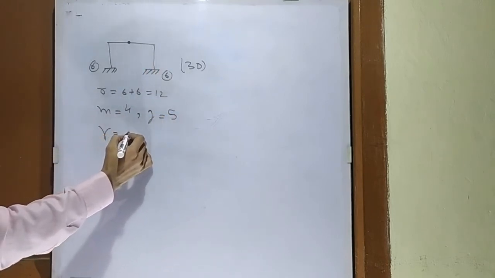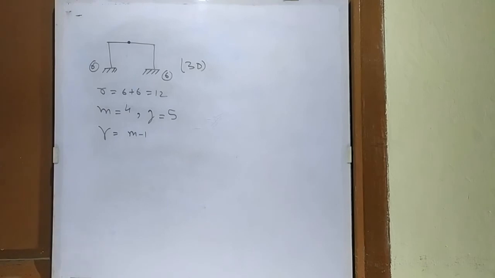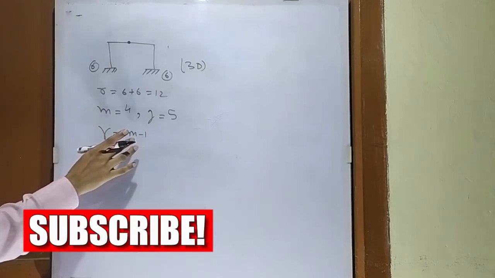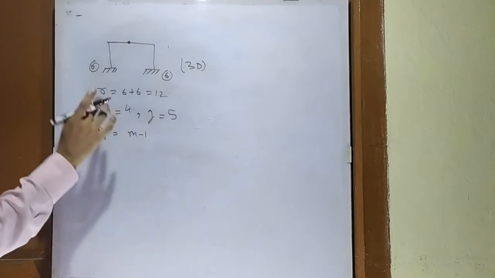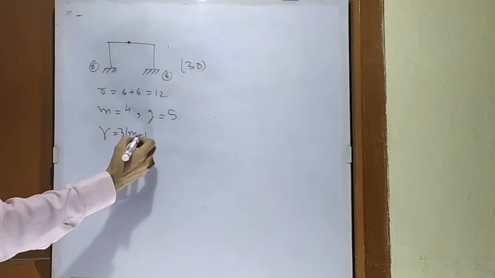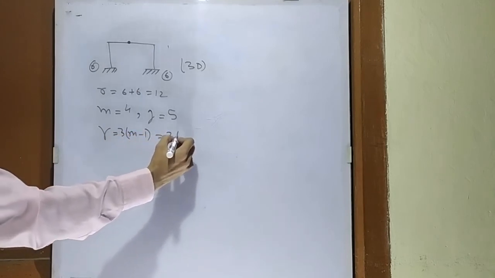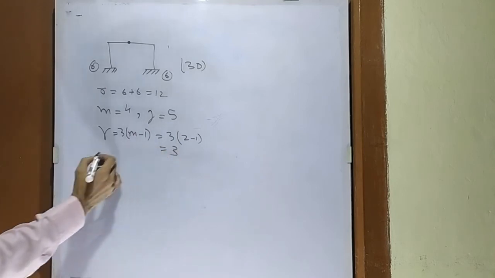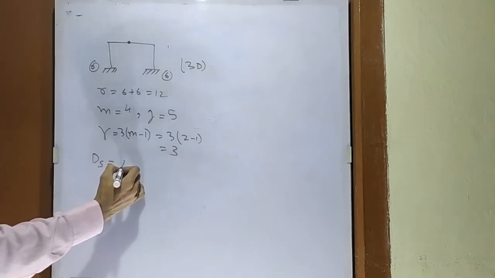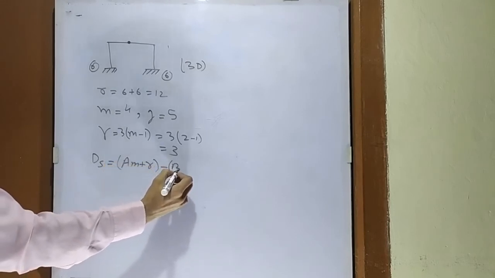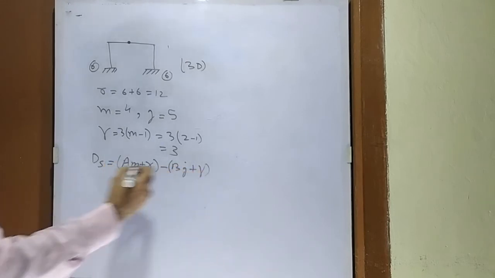Now the important thing is the number of releases. For a 2D structure, we count the number of releases by the formula m minus 1. But in 3D the internal hinge will release moment in all 3 directions. So it will be 3 times m minus 1. m is 2 and minus 1, so it will be 3. The degree of static indeterminacy will be am plus r minus bj plus gamma.